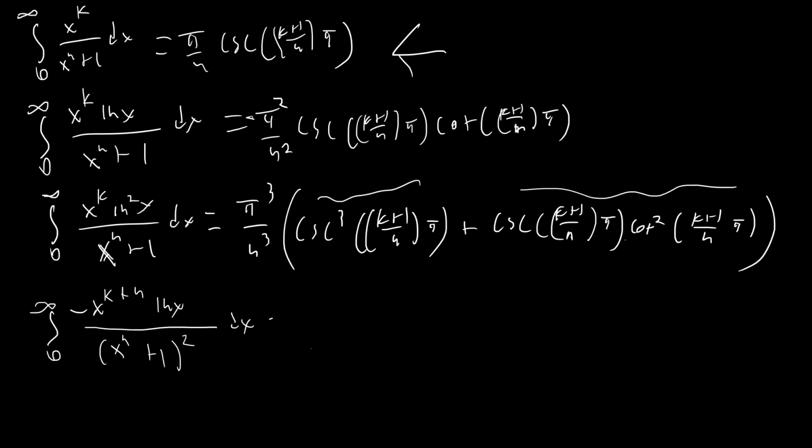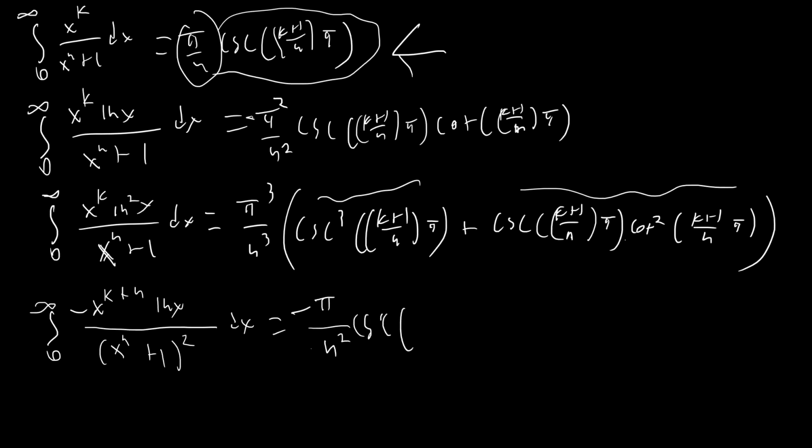And then we're, of course, going to differentiate this. So the first term, we have product rule because we have this times this. So the first term is going to be negative pi over n squared. That says 2 squared, I'm sorry. We have negative pi over n squared cosecant of k plus 1 over n pi.